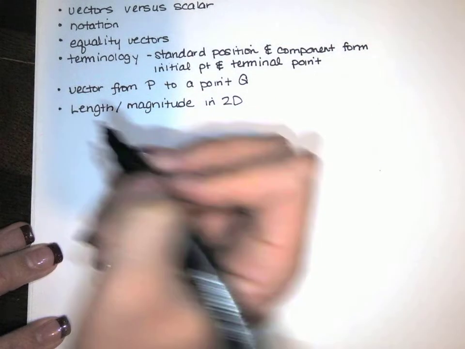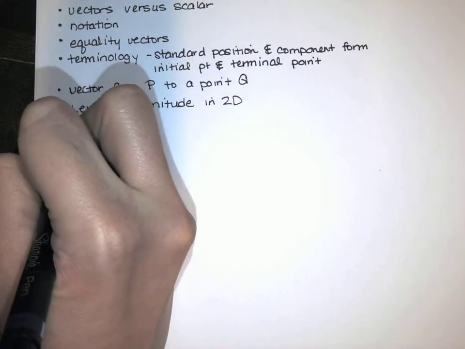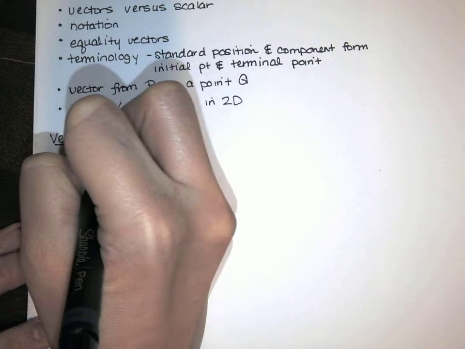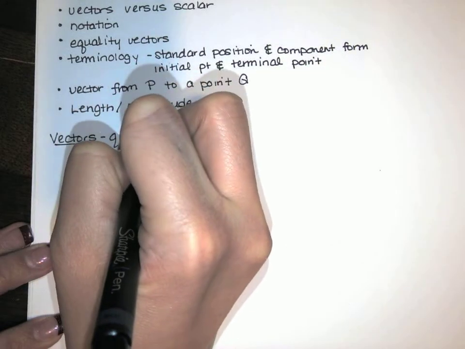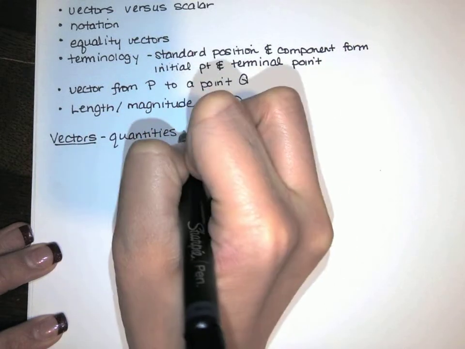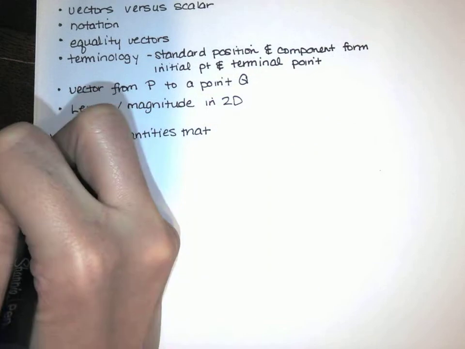Well, vectors are quantities that have both magnitude and direction.